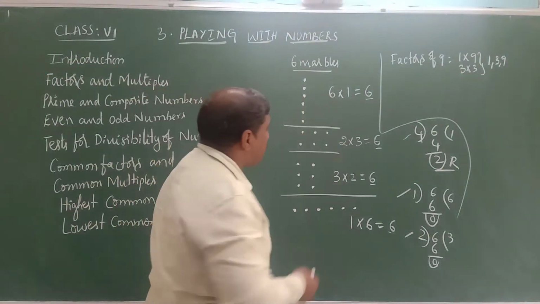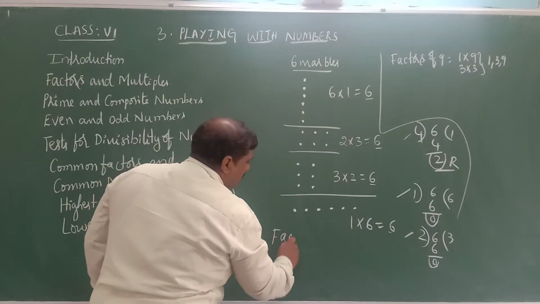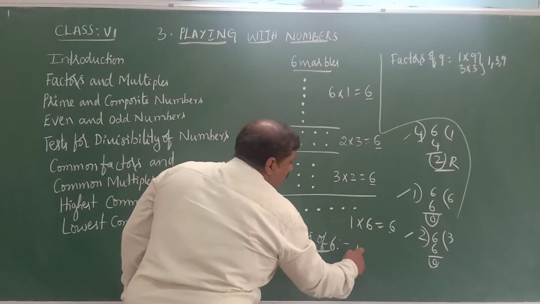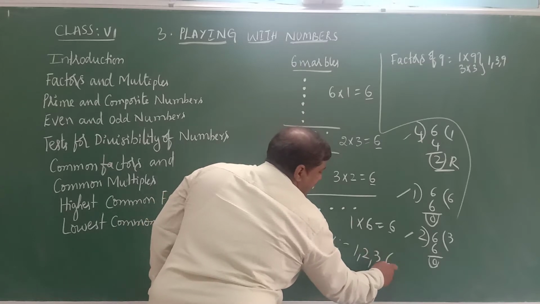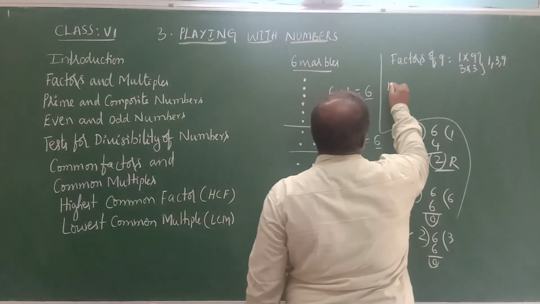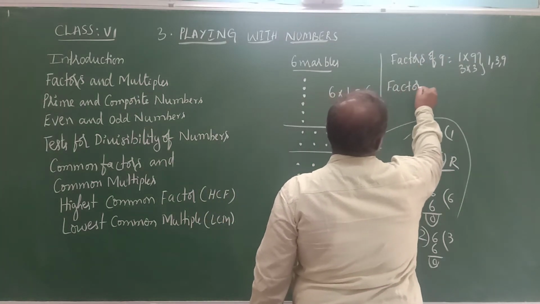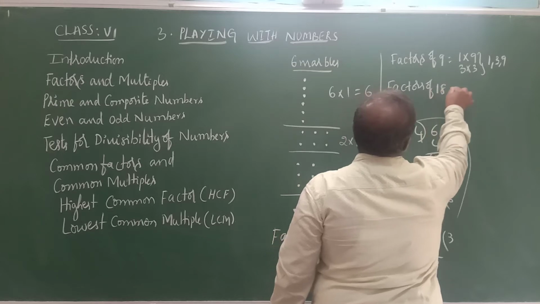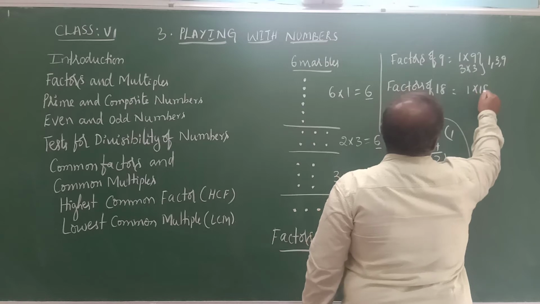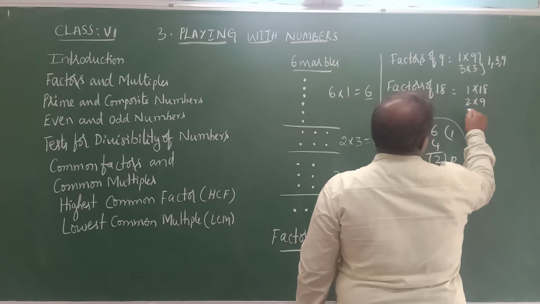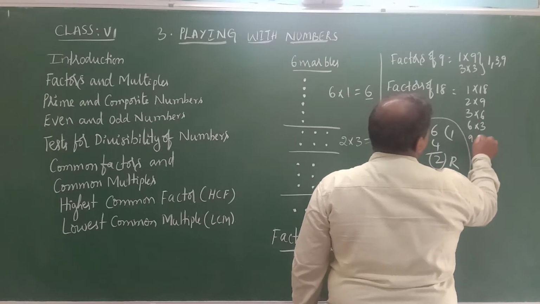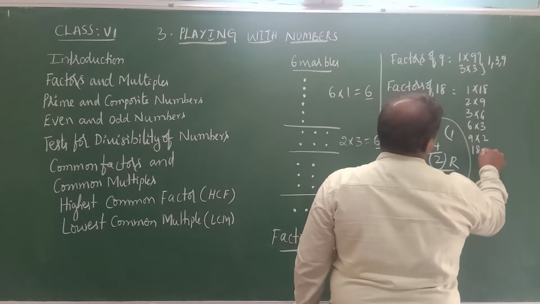And the factors of 6, which we got from Ramesh's marbles, are 1, 2, 3, 6. Take one more number, 18. Factors of 18 are 1 into 18, 2 into 9, 3 into 6, 6 into 3, 9 into 2, 18 into 1.